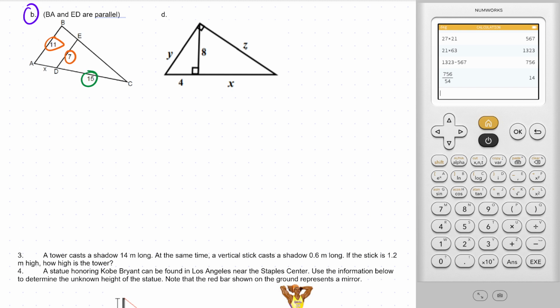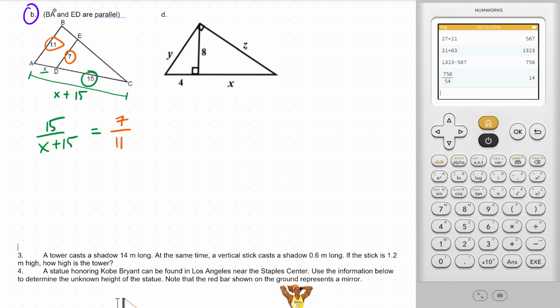The longer side in my big triangle is not just x. It's this entire length. So it's actually x plus 15. So when I set up my ratios, I'm going to say, okay, 15 over x plus 15 for the longer sides. And for the shorter sides, it's going to be 7 over 11.